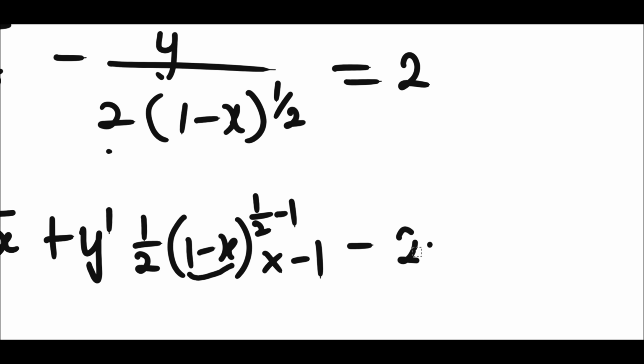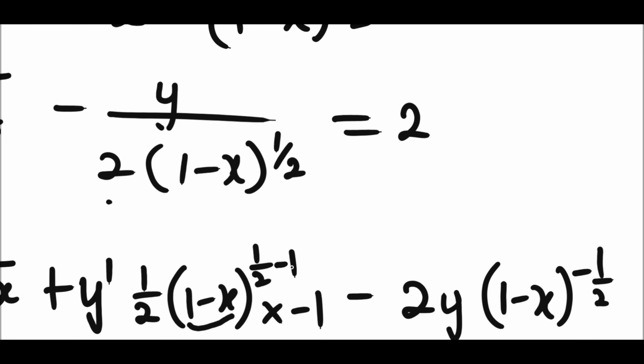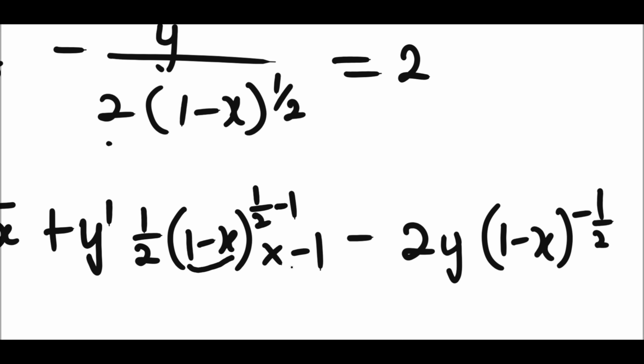So we can rewrite it as 2y, then bracket 1 minus x having an exponent of negative half. Here should rather be half, because this is over 1.